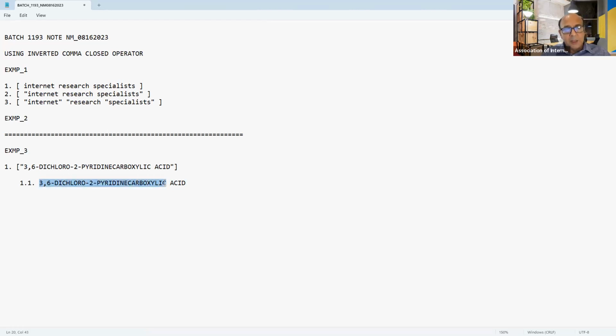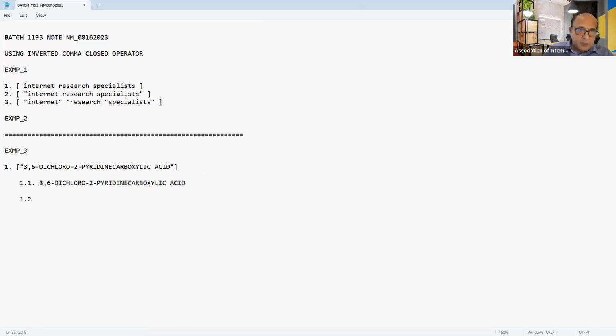So basically, it is two words. We can tell the search that they are two separate words only because there is a gap between carboxylic and the word acid. So the gap in between the two words separates them as two individual key terms.